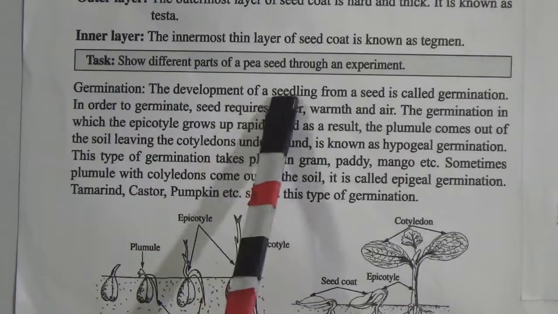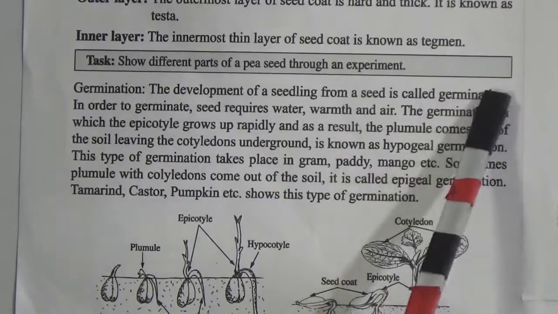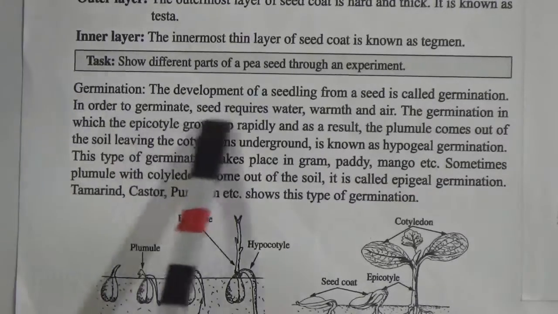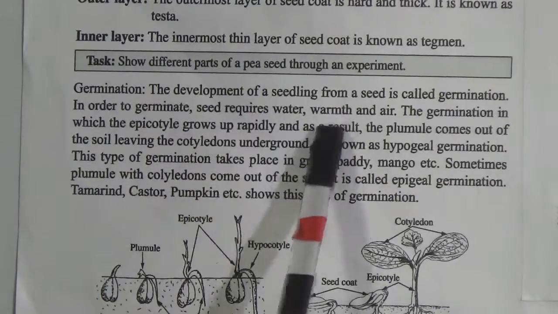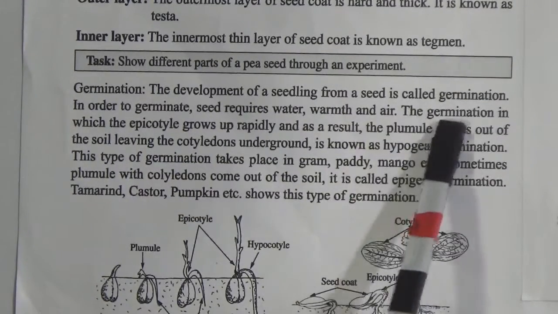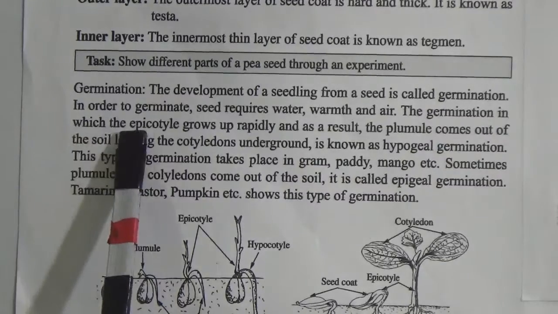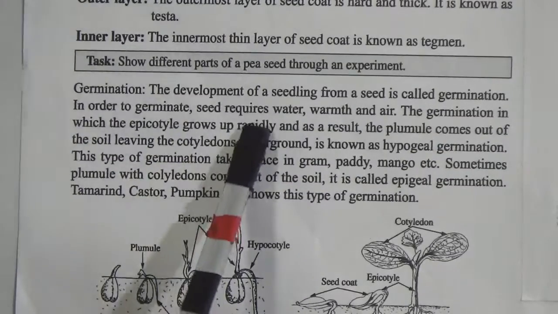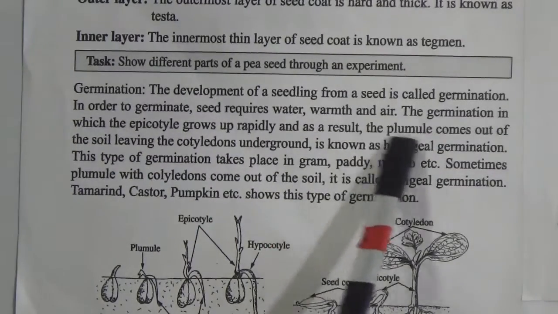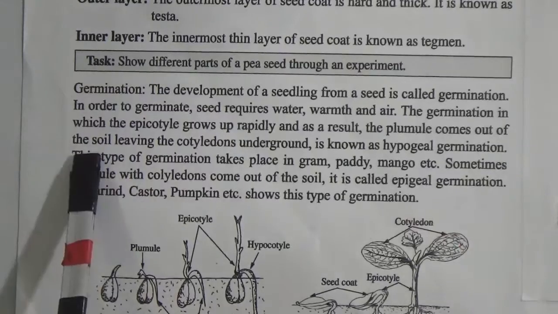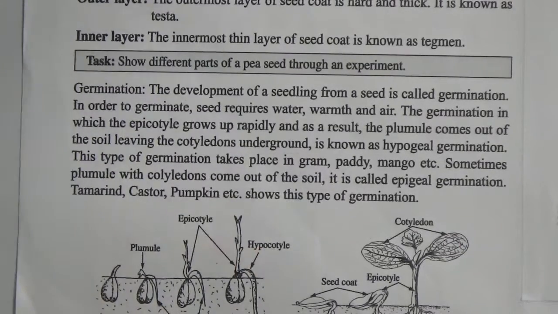The development of a seedling from a seed is called germination. In order to germinate, the seed requires water, warmth and air, and in germination the epicotyl grows up rapidly, and as a result the plumule comes out of the soil, leaving the cotyledons underground.